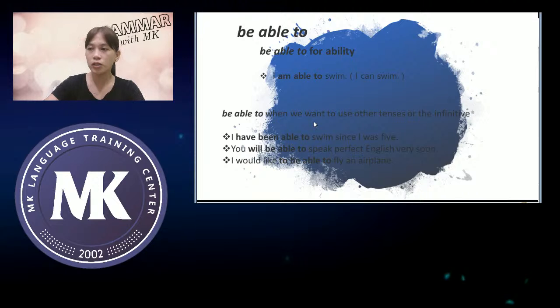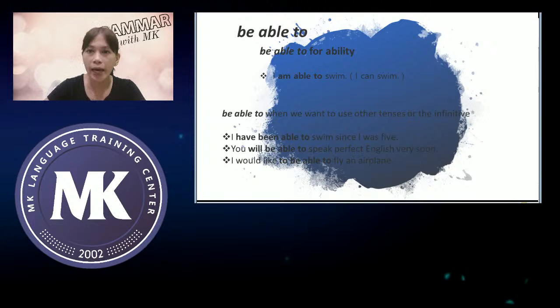As I've discussed earlier, can and could, sometimes you cannot use them in other tenses, especially if you need to form a past perfect or present perfect. For example, I have been able to swim since I was 5. So for these kinds of tenses, you can only use able to or be able to.